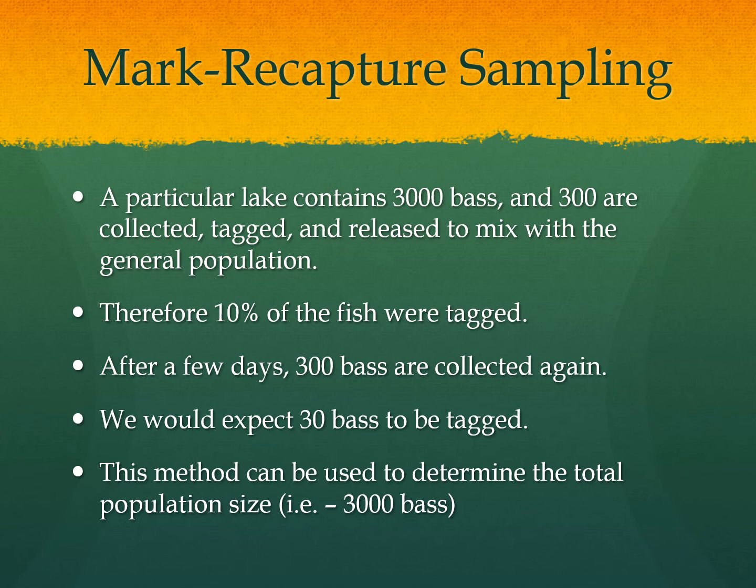We would expect that about 30 of those bass would be tagged if everything was collected randomly, because the 30 bass represents 10% of the second sample that we took. So that method could be used in order to determine the total population size, or those 3,000 bass that exist within the lake. On the next slide, we'll look at the formula.